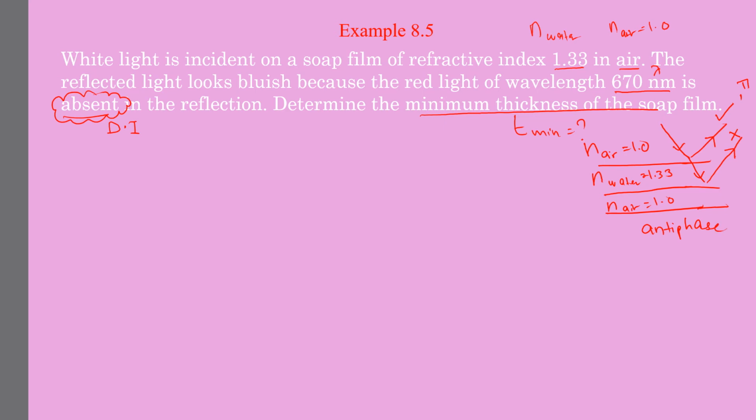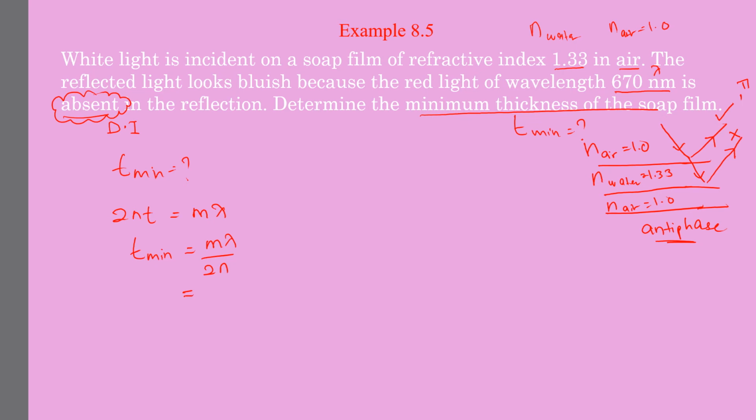Okay, antiphase and destructive interference. Okay, so the formula to calculate minimum thickness is 2nt is equal to m lambda. So t minimum is equal to m lambda over 2n.